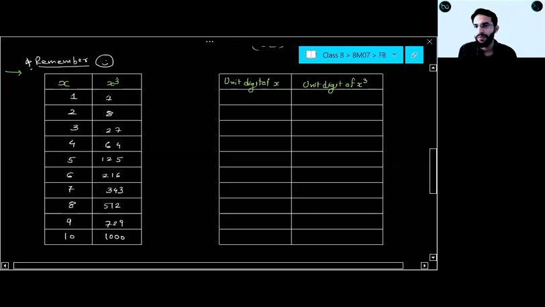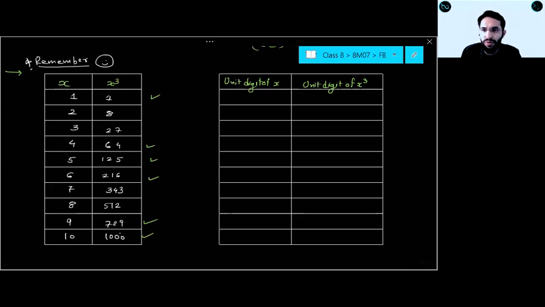Now see here, students, if you observe the unit digits, for 1 I am getting 1 only, for 4 I am getting 4, for 5 I am getting 5, for 6 I am getting 6, for 9 I am getting 9, and for 0 I am getting 0. For these numbers my unit digit is the same, right?